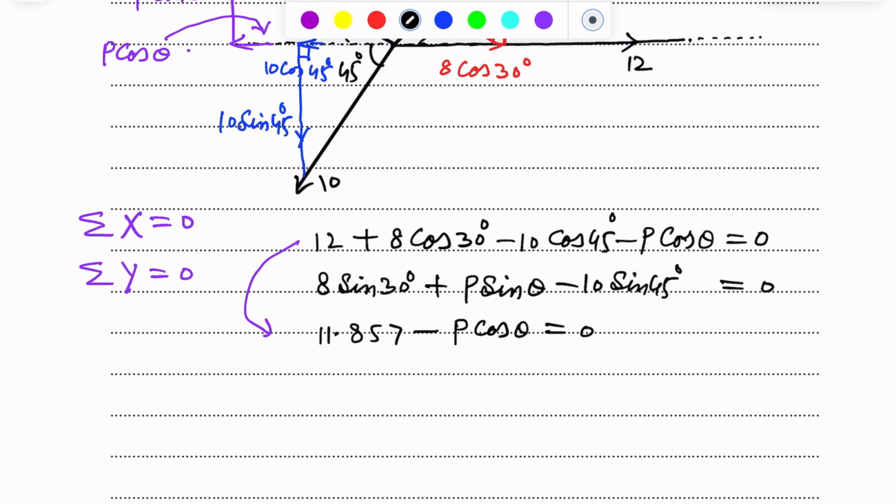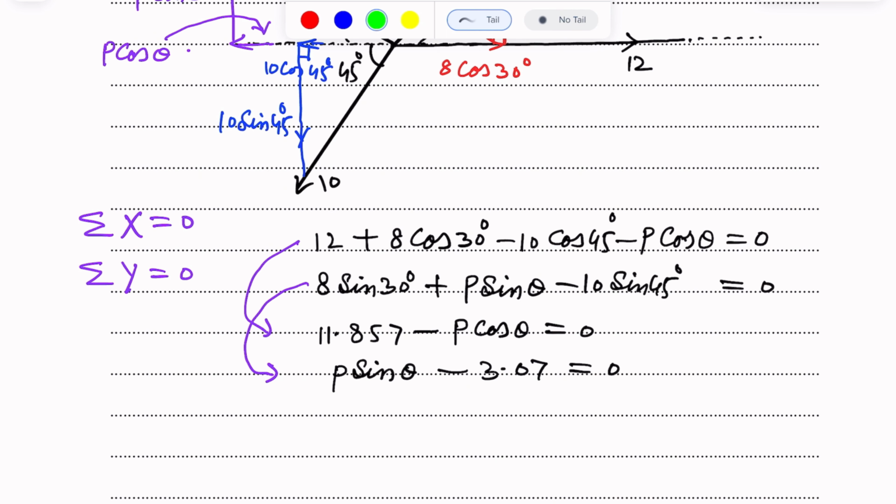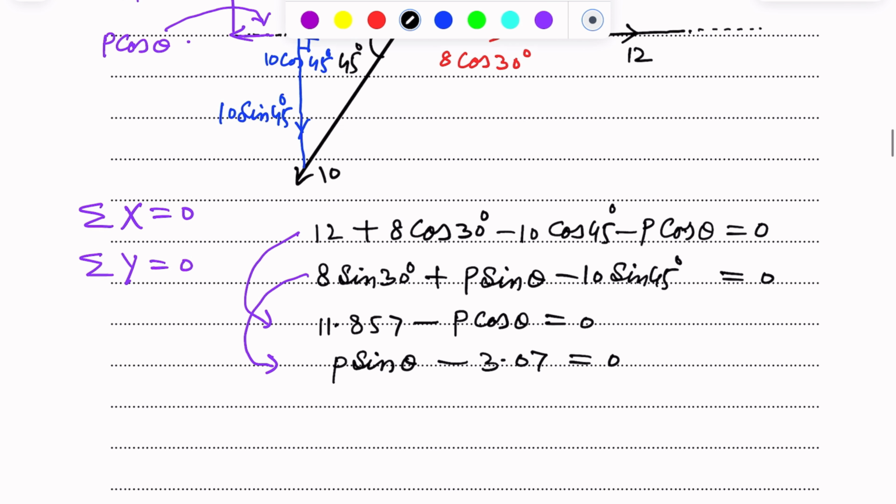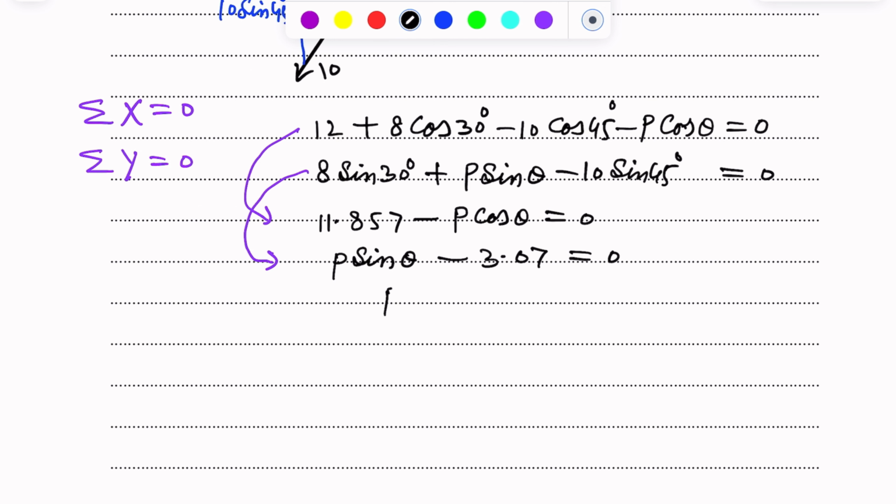Now we will simplify the second equation and we get P sin theta minus 3.07 is equal to 0. From here, P sin theta is equal to 3.07.